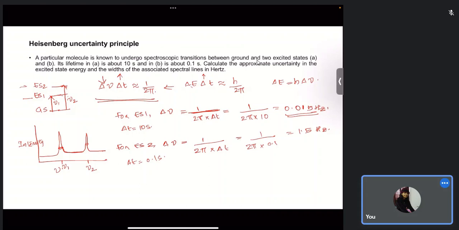We used this formula, the Heisenberg uncertainty principle, to calculate delta E for excited state 1 and excited state 2. From this equation we can derive an equation where delta nu and delta T are correlated, and using this we can calculate the natural line width of those spectral lines in Hertz.